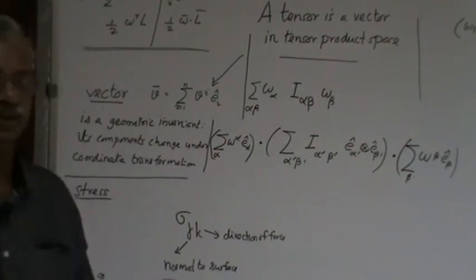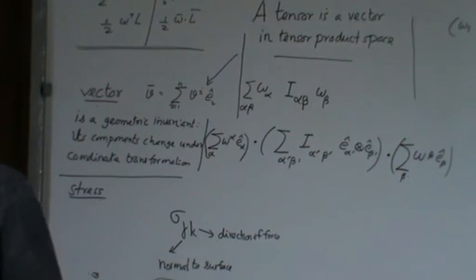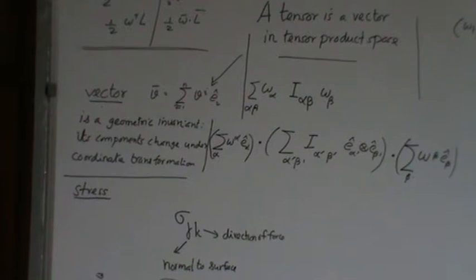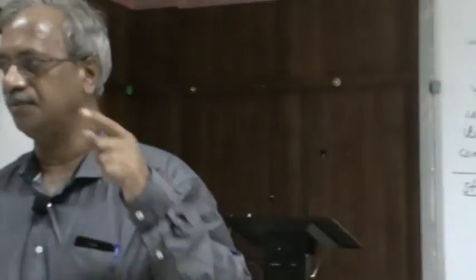Just think of the following. This one corresponds to a vector which represents the angular frequency multiplied by the direction of the rotation. That is the axis of rotation, right? We have said it repeatedly.